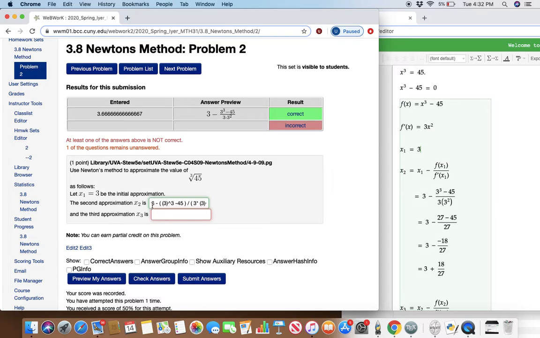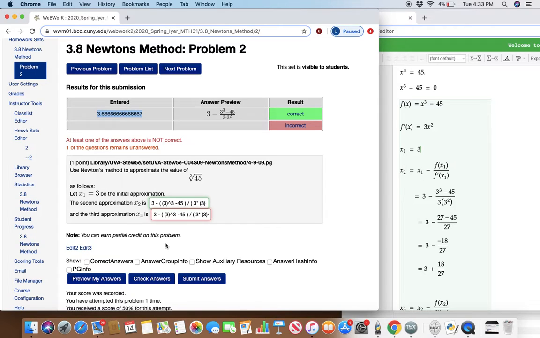Now, for the next approximation, I will take this expression, okay? And wherever x appears, x was 3, look, don't get confused with the power. X appears here and here. So wherever x appears, I will plug in the number we just got. Okay?